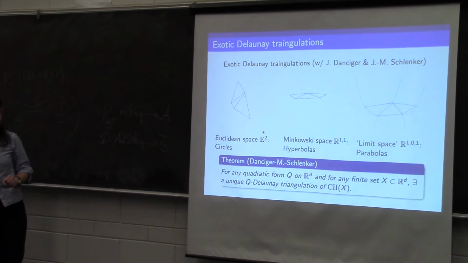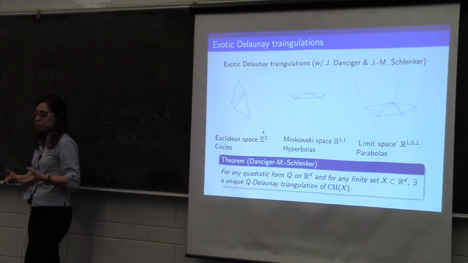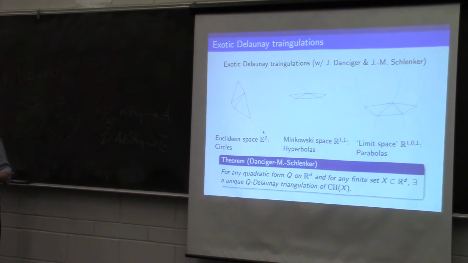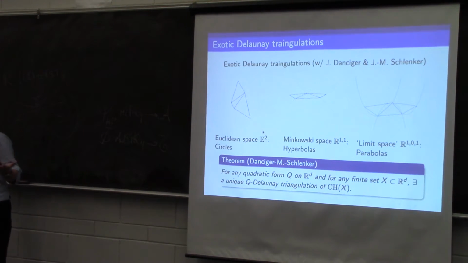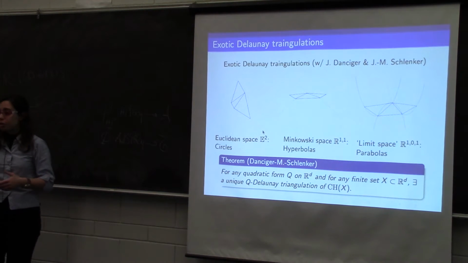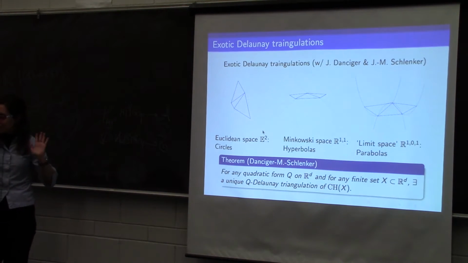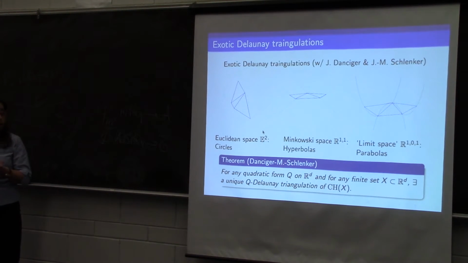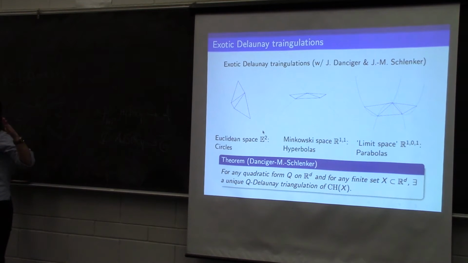inside. But if you think about it, a ball in Euclidean space is just a choice of the inner product, the Euclidean inner product. So if you have a different metric, a different inner product, then you can define balls that will not be disks anymore, but that might be okay. And so you define these balls that are hyperbolas or parabolas.